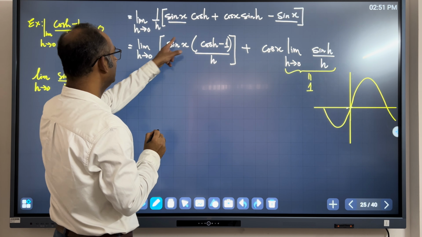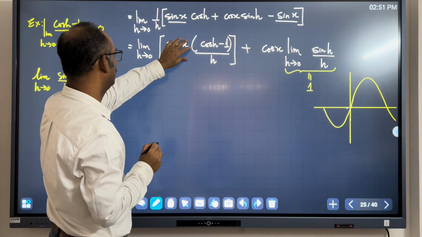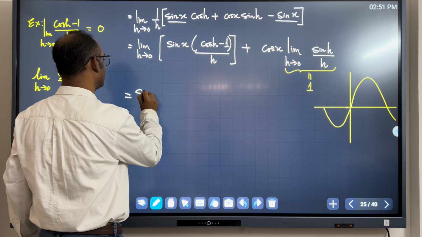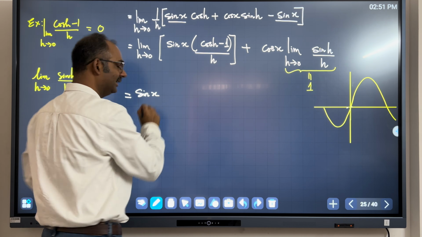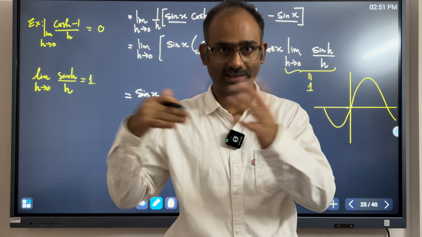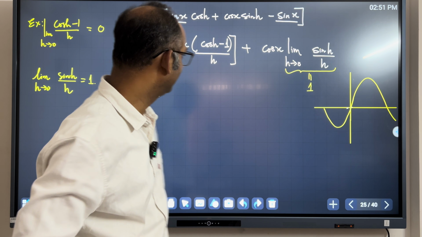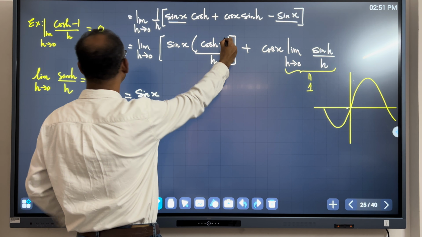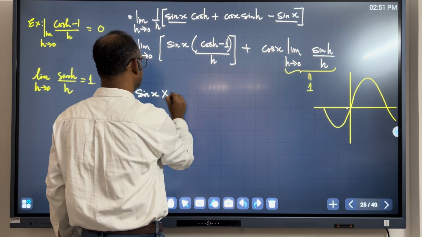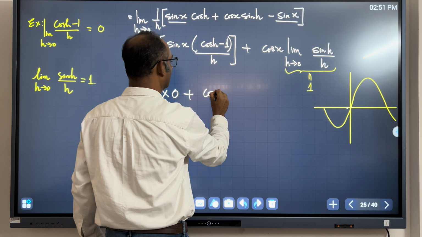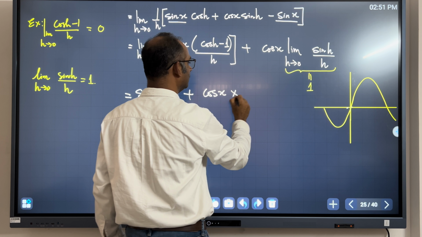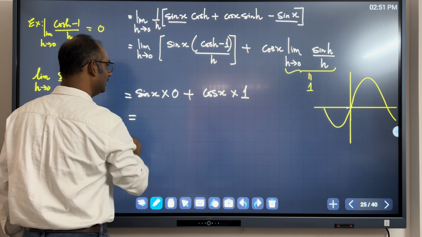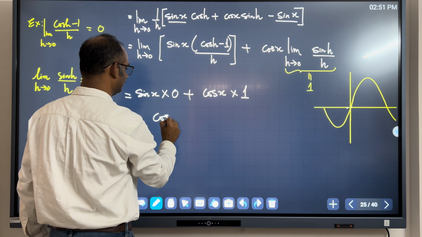Sine of x does not depend on h, so it's a constant for that limit, because it's for variable x, and it comes out, times the limit of this as h goes to 0, but that is 0. So this is times 0 plus cos of x times 1. So what do you get? Cos of x.